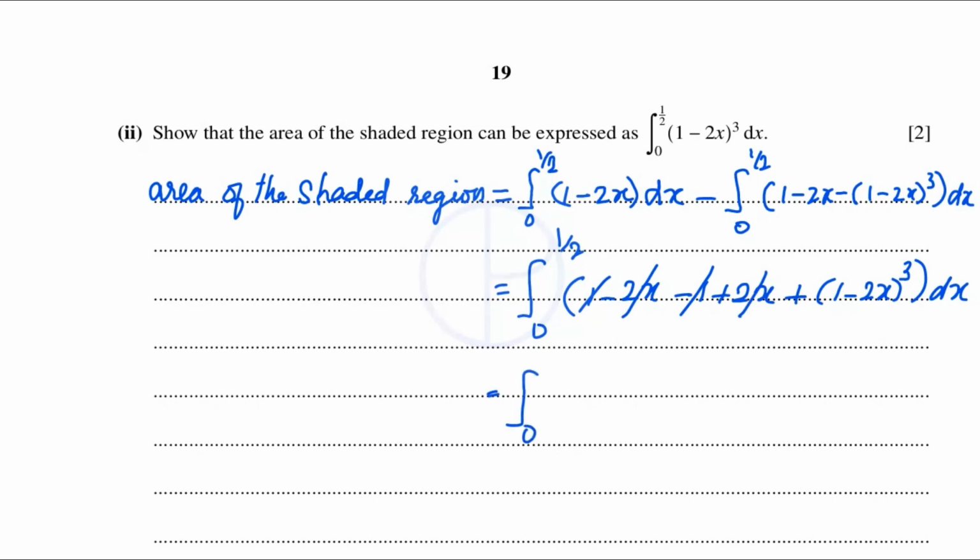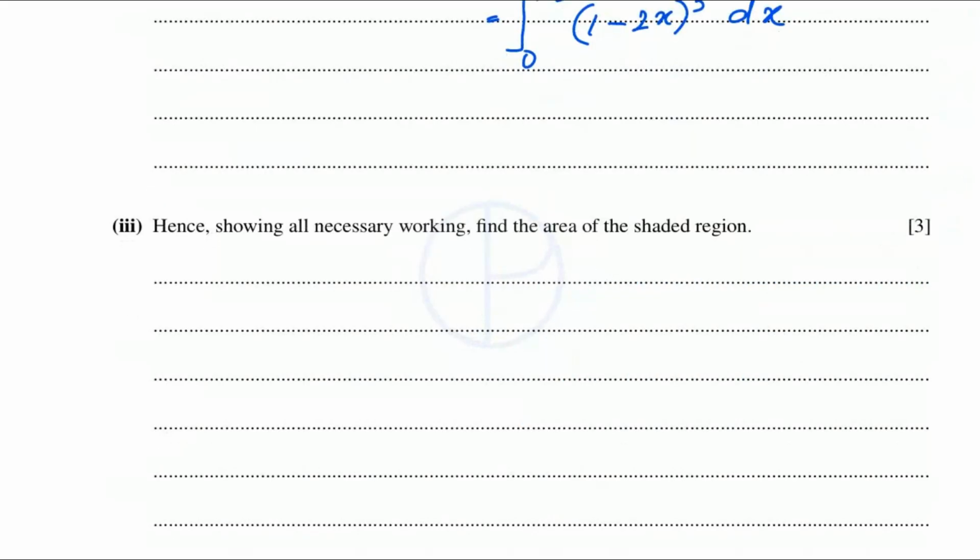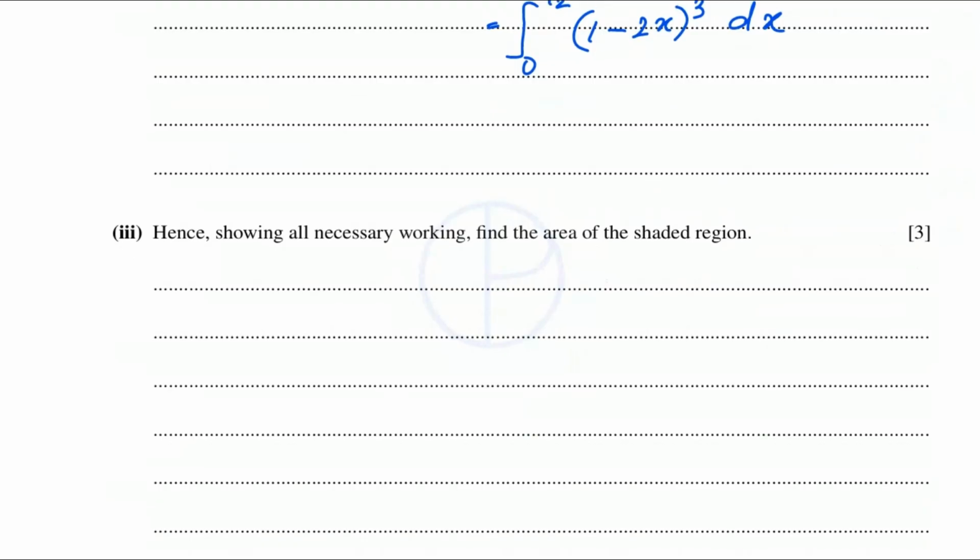So ∫ from 0 to 1/2 of (1 − 2x)³ dx. Hence, we proved that the area of the shaded region is the integral from 0 to 1/2 of (1 − 2x)³ dx. Hence, show all necessary working, find the area of the shaded region.